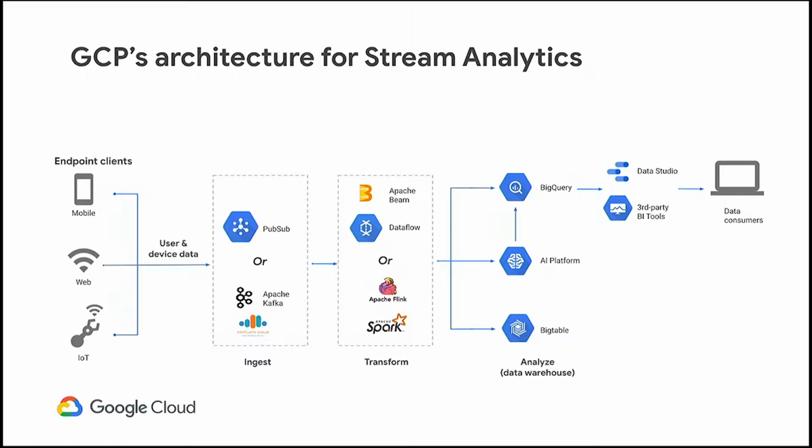After ingesting and transformations of data or processing of data, you move into the storage and analysis phase. And here you have options for storing your data in a cloud data warehouse, such as BigQuery, or, for example, running predictions on the newly rebranded AI platform, aka CloudML engine. Or you can store your data in Bigtable, which is a great backend for dashboarding.